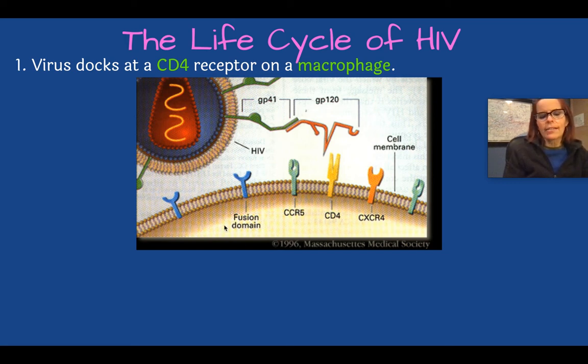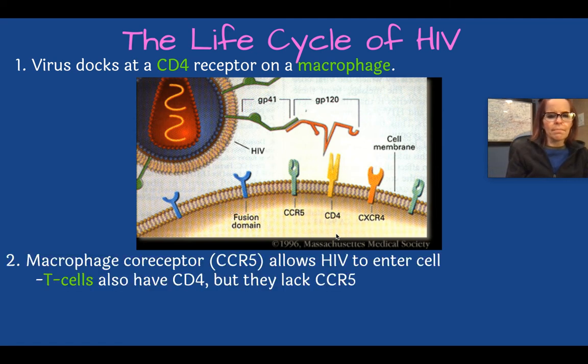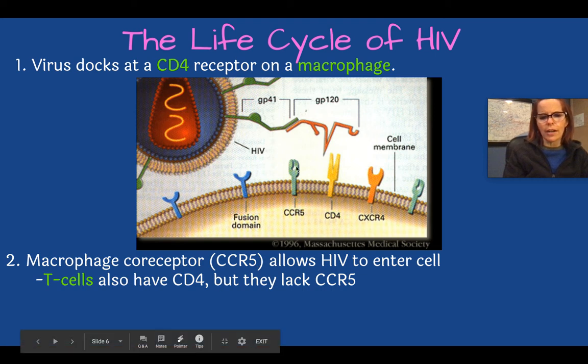This cell is a macrophage. A macrophage is one of the most important cells of the immune system. Its job is to identify invaders, eat invaders, and then sort of start the whole immune system process. All right, so in step number 2, the macrophage has a co-receptor called CCR5, which is this green one right here in the diagram.